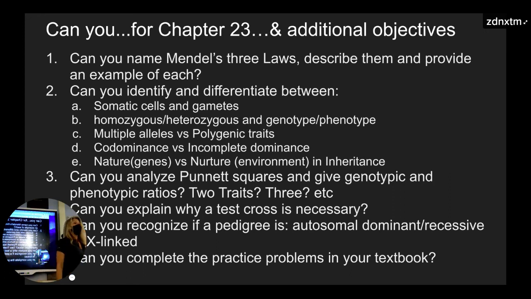Okay, nature versus nurture, right? I could have the genes to be really tall, but if I don't eat nutritious food, will I be tall? No. I could be a Himalayan rabbit where my body's supposed to be white, but if you put ice on my back, it will grow in black. That is where your environment is determining your phenotype. And you see this in reptiles and sex determination.